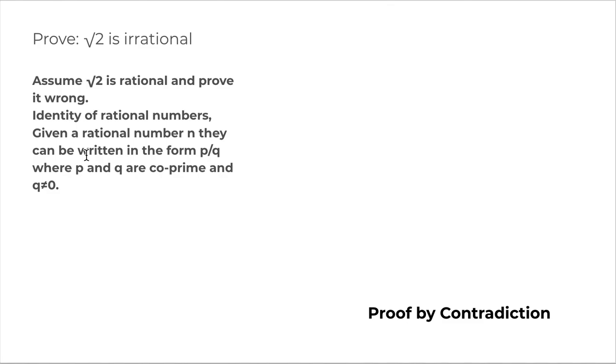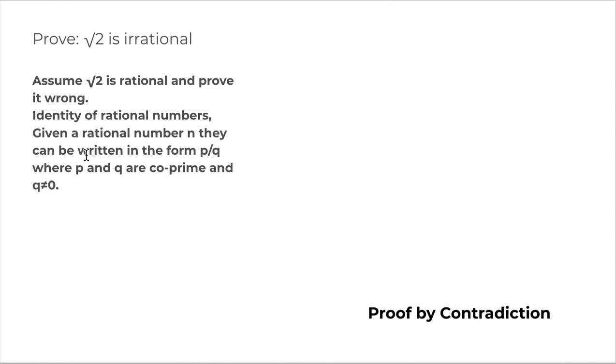Now, what do I mean by p and q are co-prime? Prime numbers are numbers that have only 1 and the number itself as factors. Co-prime numbers are a pair of numbers that do not share any factors. So if I say 2 and 3, they both are co-prime because the factors of 2 are 1 and 2, factors of 3 are 3 and 1.